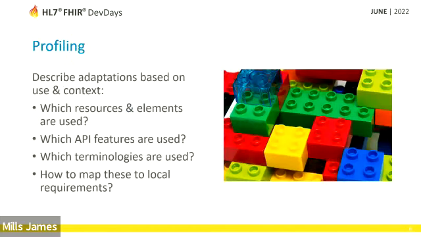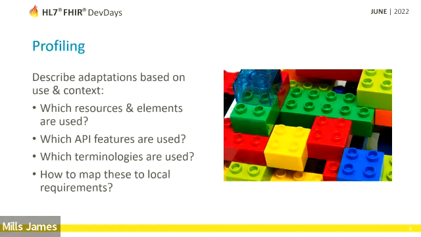When we are profiling, we specify which resources and which elements we need for our implementation, which we want to use and how we want to use them. But also, if you offer a RESTful API, you can adapt that as well to your particular implementation and restrict which API features you would like to use, or even extend them with custom interactions.